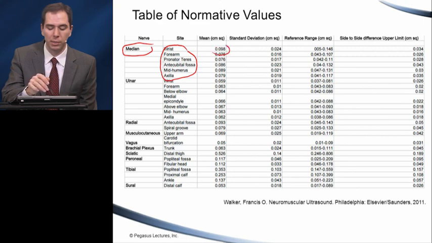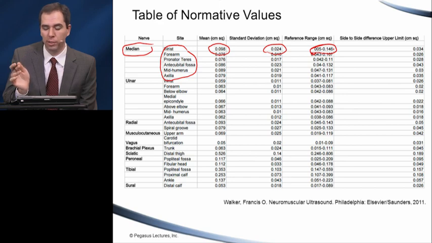So we can look at what the mean of normal is in square centimeters, the standard deviation, and then a reference range based upon 2 standard deviations from the mean in either direction. So if you have a value that's less than 0.005 and greater than 0.15, that would be beyond the reference range.